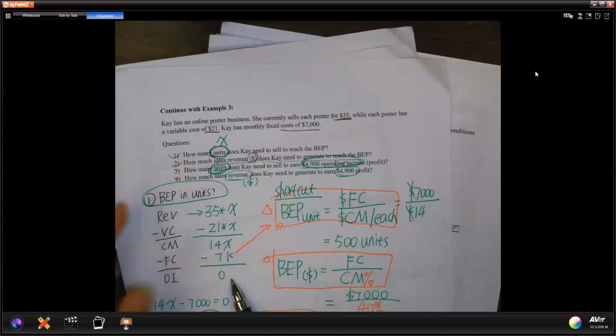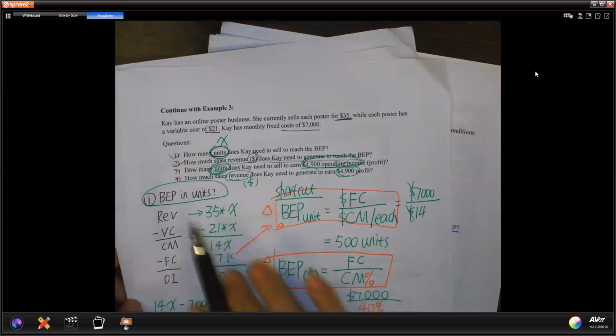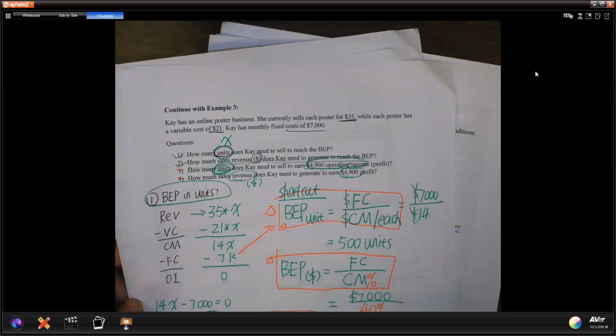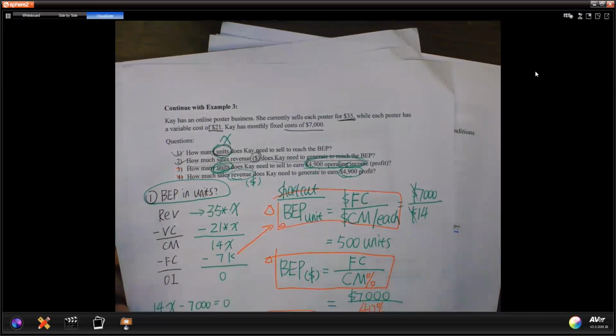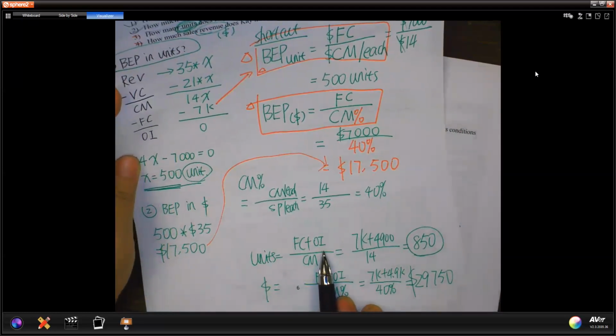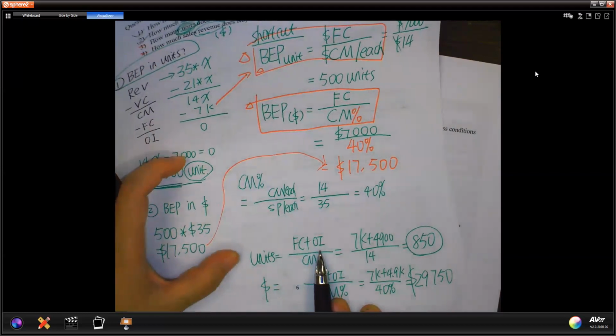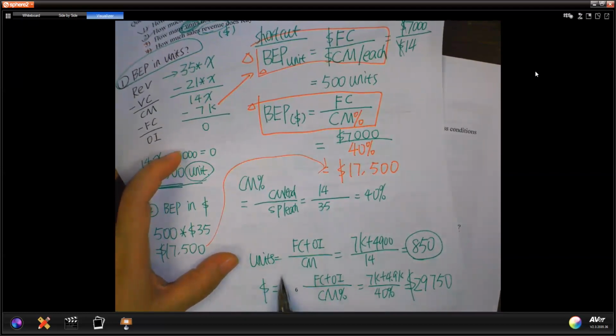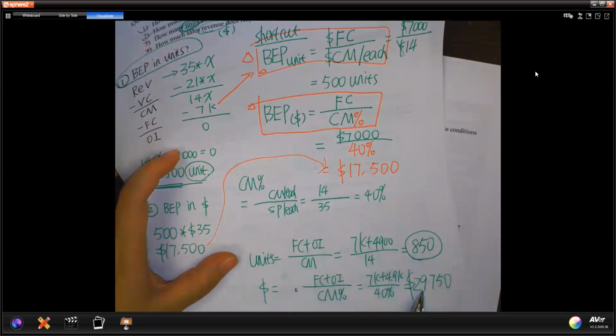So you don't earn money, you don't lose money. Your total revenue is the same as your total costs. If you want to earn money, then you have to put your target operating income in the numerator, and you do the same formula, and you get either the units or the dollar amount.